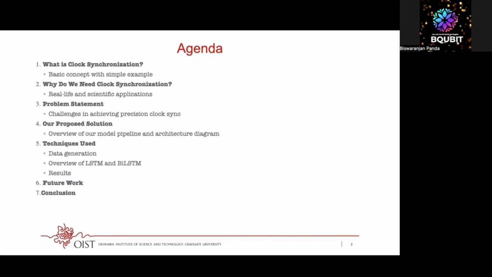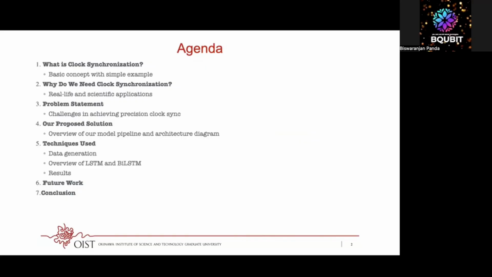We want to solve real life problems by using this model. After looking at the problem statement, we will see our proposed solution to this problem, and we'll see the overview. Then we'll see what techniques we are using. First, we'll generate our dataset.